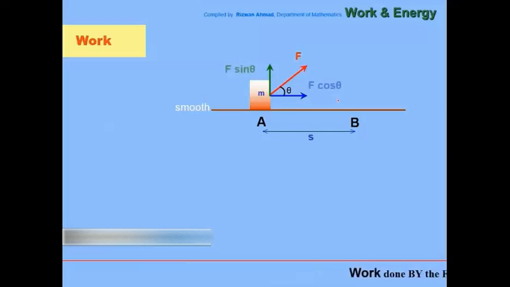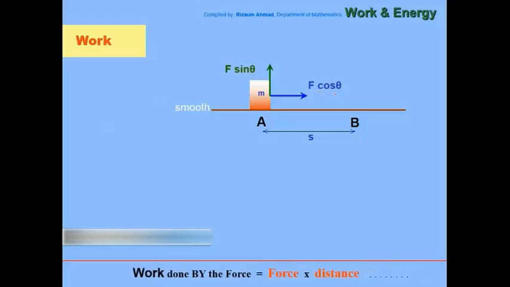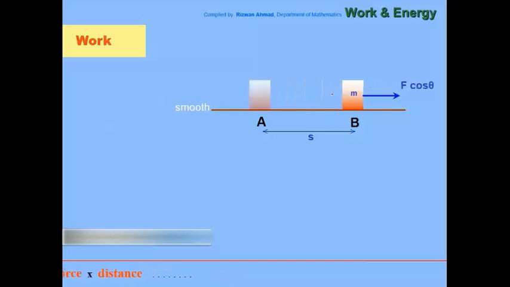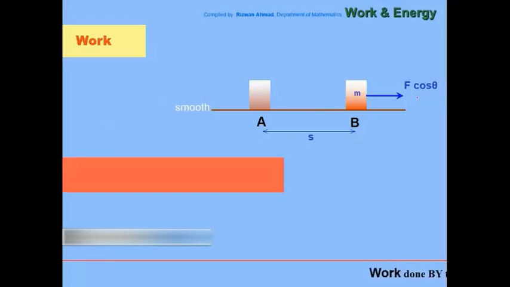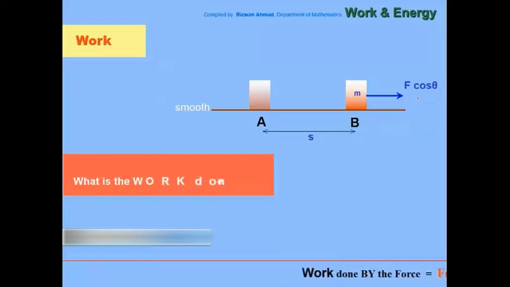So in this case, the work done will be the force, which is F cos theta, times the distance it moved. The formula is the same, but the only difference is that the whole force F is not doing work. Only the component of force, which is F cos theta, is doing work.